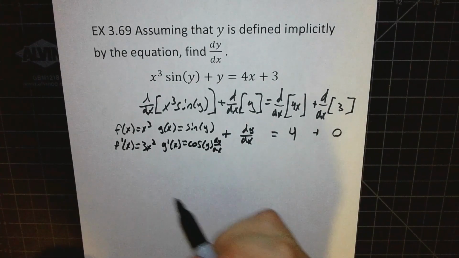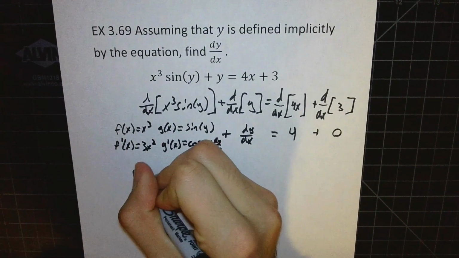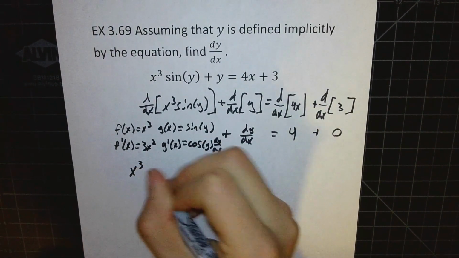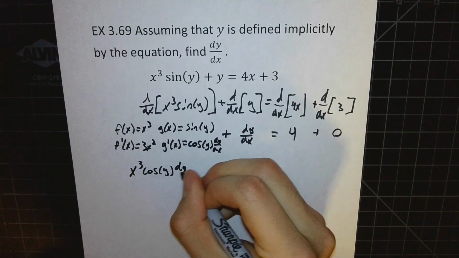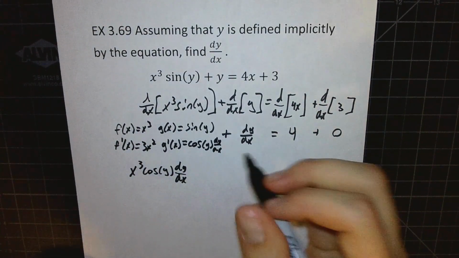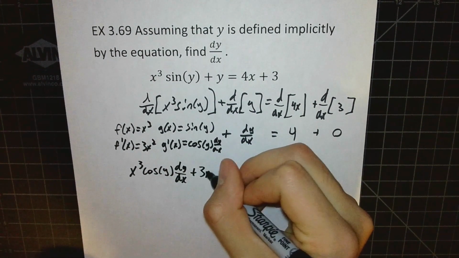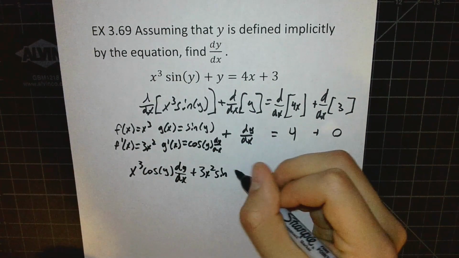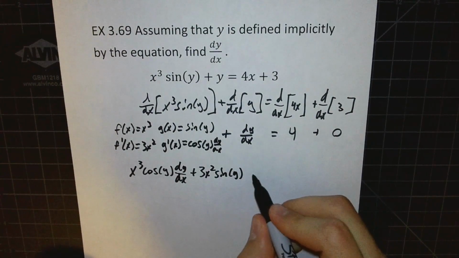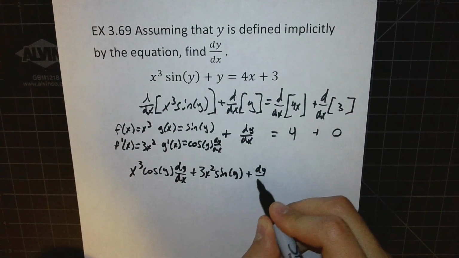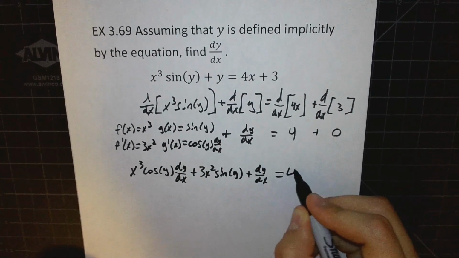So we'll have x cubed cosine y dy/dx plus 3x squared sine of y. So we have that plus a dy/dx. It'll all equal to 4.